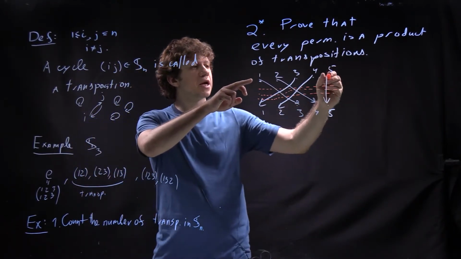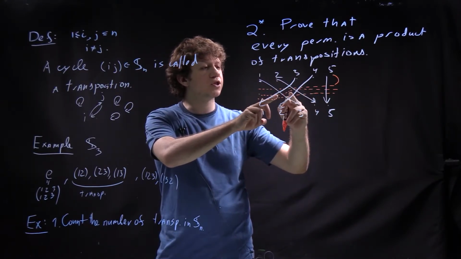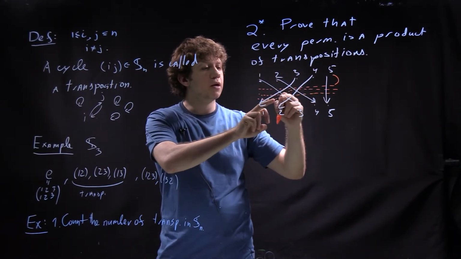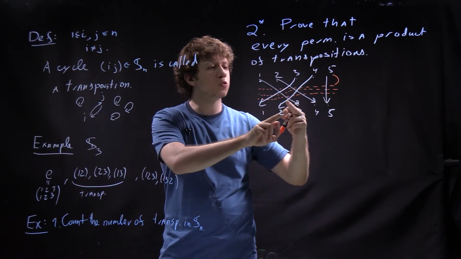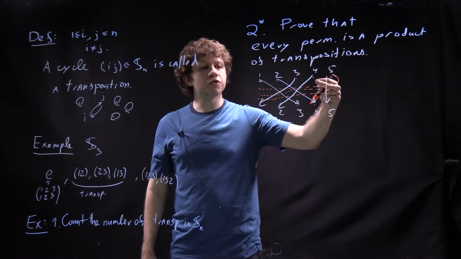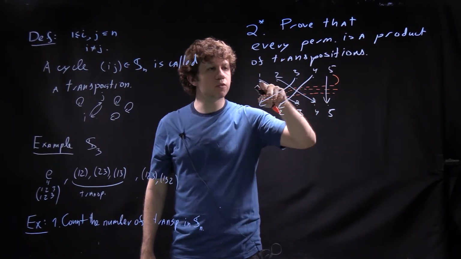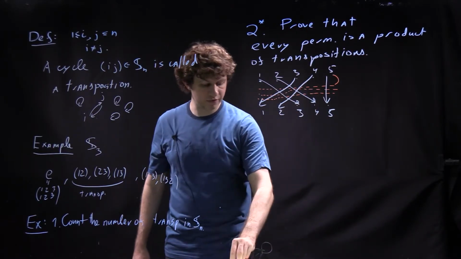So on the first period of time, you exchange 2 and 3, and then you exchange 1 and 3, and then you exchange 1 and 4, and finally you exchange 2 with 3. Okay, and of course, after you do it step by step, you will go from 1, 2, 3, 4, 5 to 1, 2, 3, 4, 5 going in the other direction.